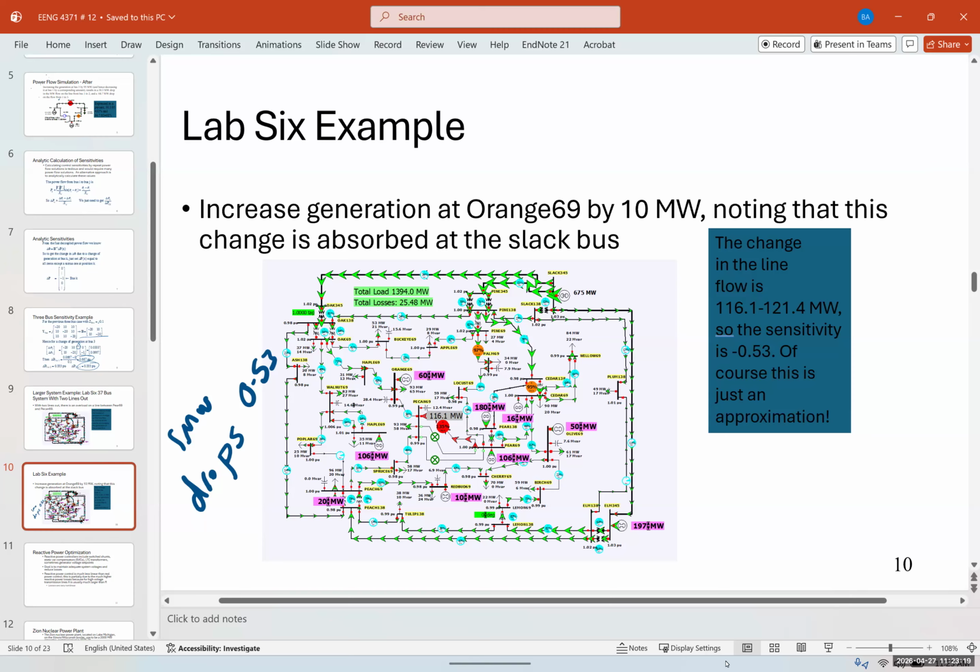Okay. Now, if we want to drop the overload by 20 megawatts, how much do we need to increase Orange 69?